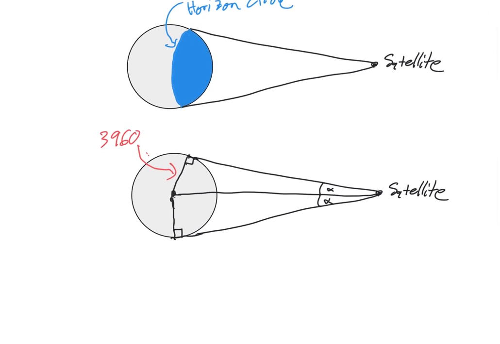let's move this up here. So what I'll have is sine of alpha equaling 3,960, which is the opposite, divided by the hypotenuse. So in this case, the hypotenuse will be 3,960 plus t.